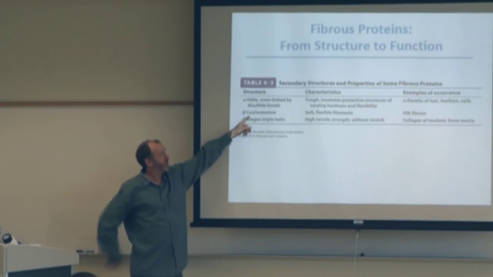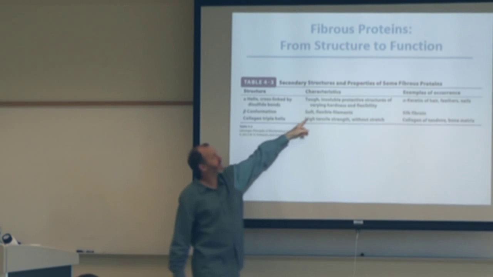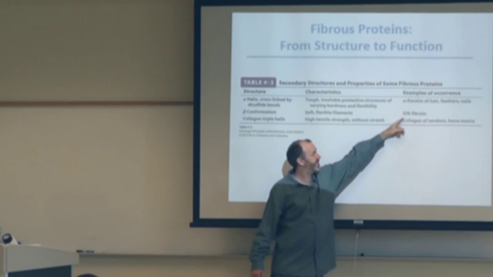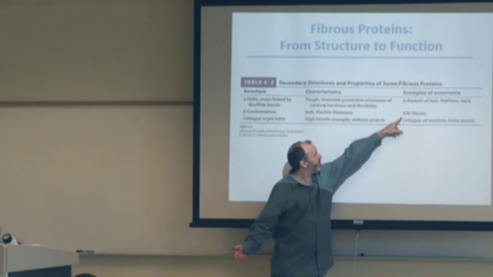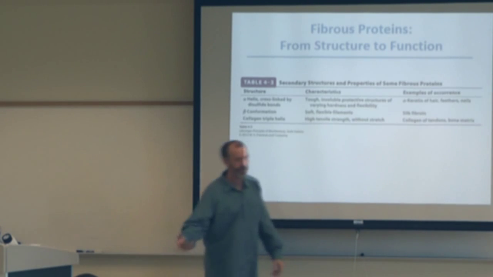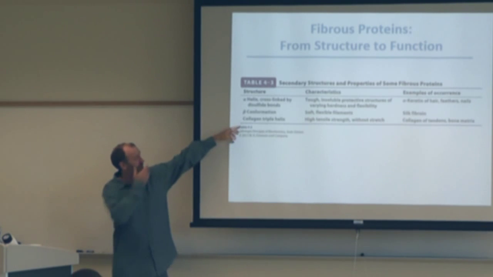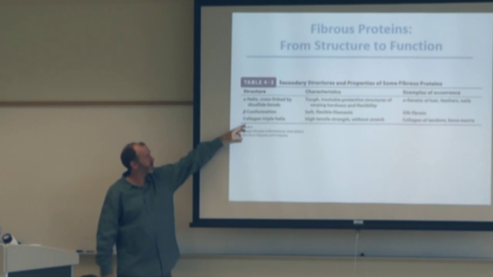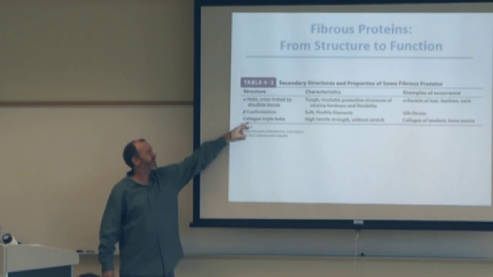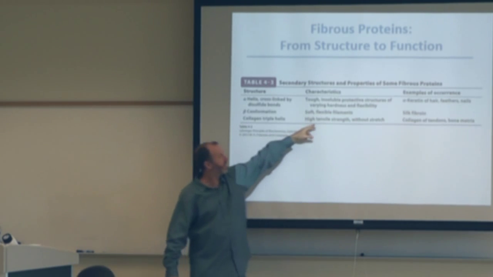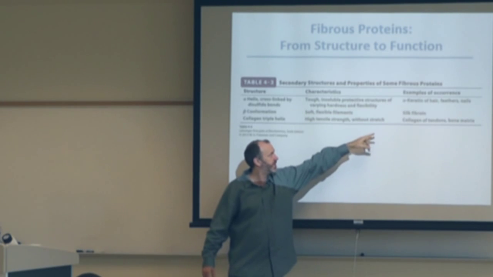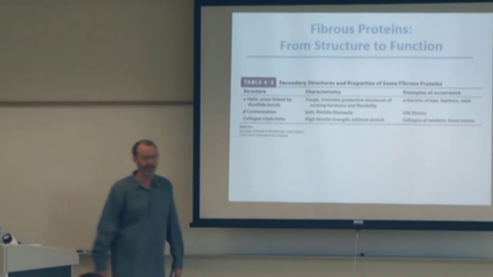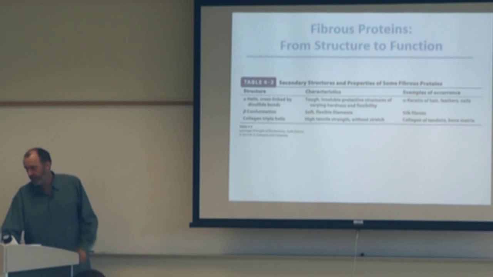With beta conformation, you have soft, flexible filaments, and that's what we see in beta keratin, or silk fibroin. So it's beta conformation, a lot of cross beta sheets. And then the collagen triple helix has high tensile strength without stretch. You find collagen in tendons and bone matrix.